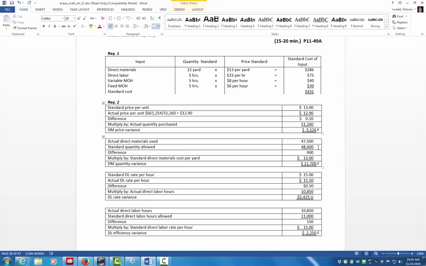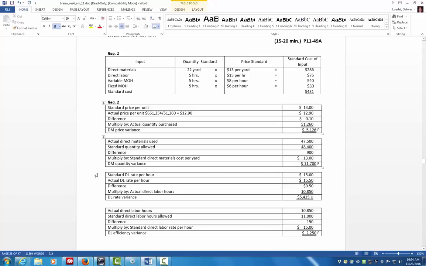And then we can take our variance difference between those of 900, and then we can calculate, of course, our direct material quantity variance by multiplying that by our standard. So our standard material cost being $13. So once again, we're going to have a favorable variance because the actual amount used was less than the standard quantity allowed.